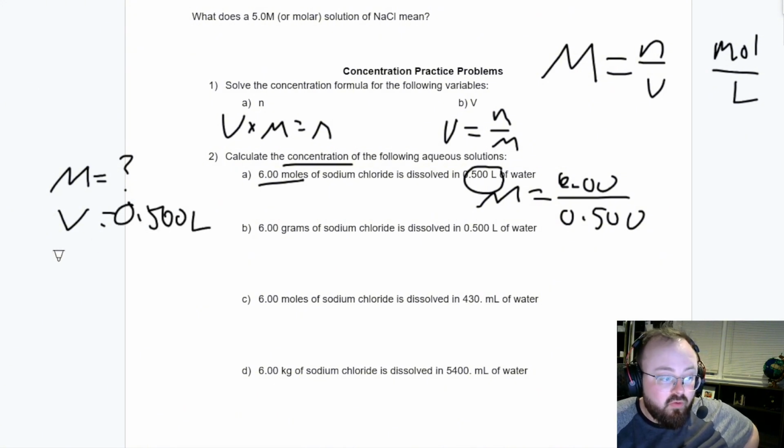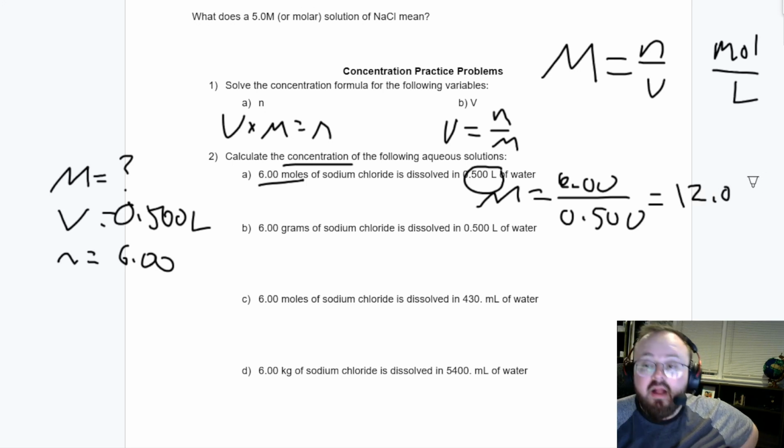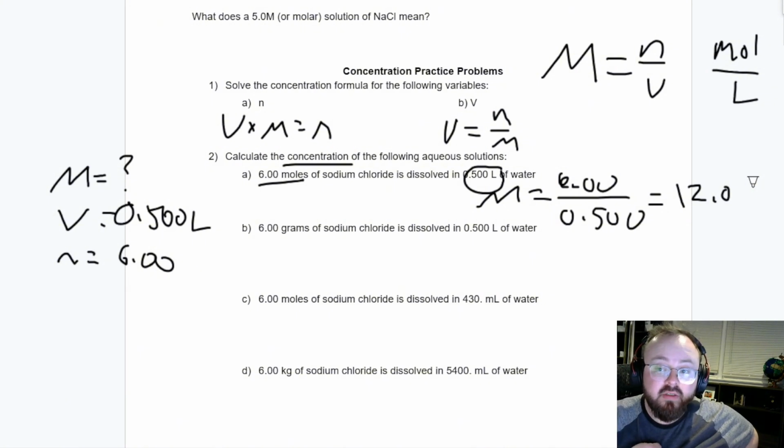And obviously moles, which is N, is just 6.00, right? We do this math, dividing by 0.5 is the same thing as multiplying by 2. We're going to get 12.0, simplifying here. That is my value. We have 3 significant figures. Now, what unit can I use? You can use capital M. That's perfectly fine.